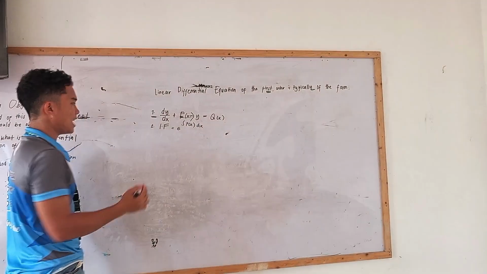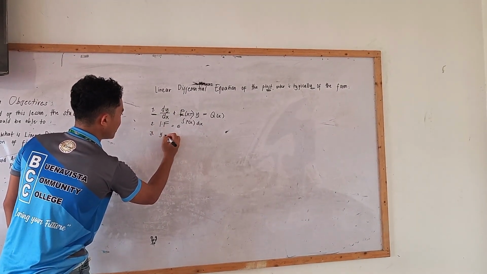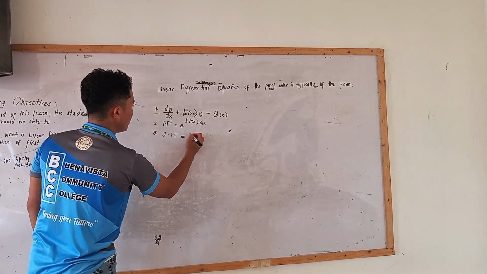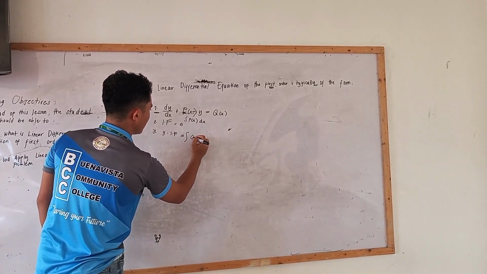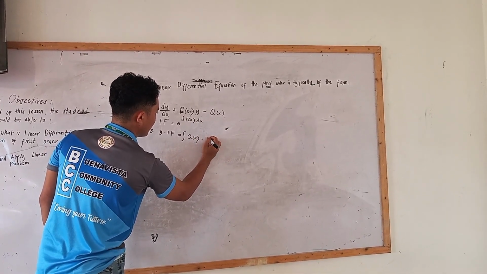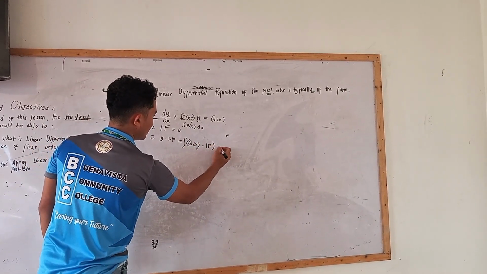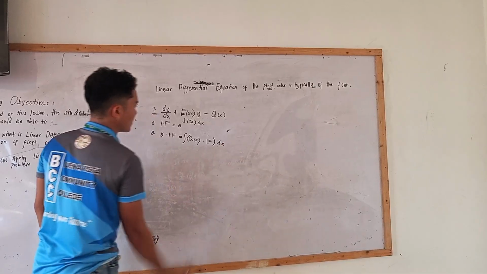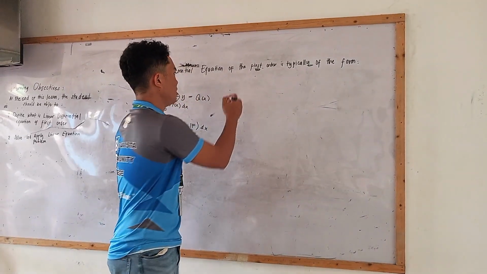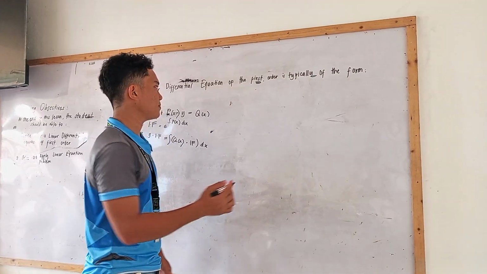And now third, the last formula: y times IF is equal to the integration of q of x times the integrating factor, multiplied all by dx. So class, I give you an example in order to understand step by step of this equation.